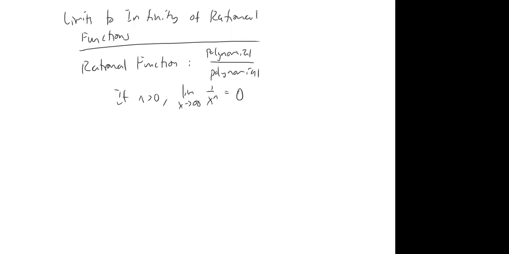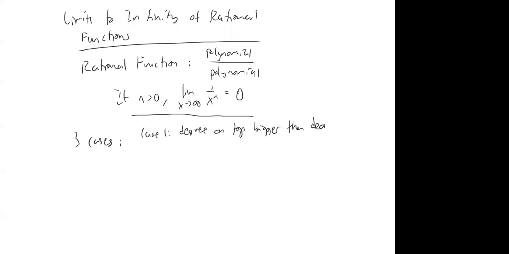Once we have this, this is all you need to know to solve limits of rational functions. So let's go over it. We have 3 cases, right? Since it's polynomial over polynomial, we have case 1, degree on top bigger than degree on bottom.